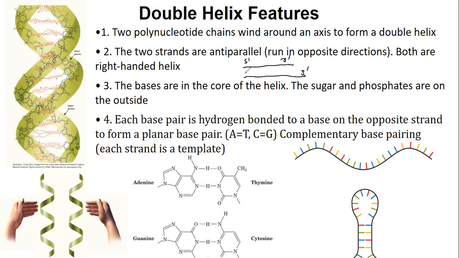The other chain is doing it in the opposite direction. Both are right-handed helixes. Don't worry too much about what that exactly means. That just means the way that the loops are facing. DNA itself has two different size grooves.